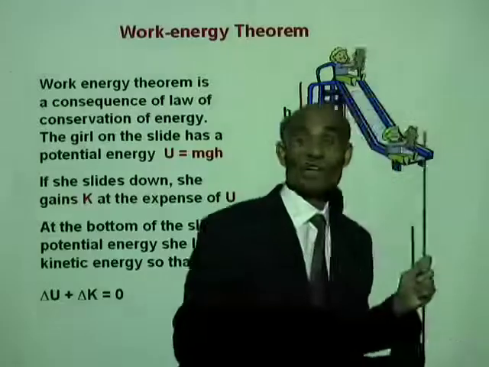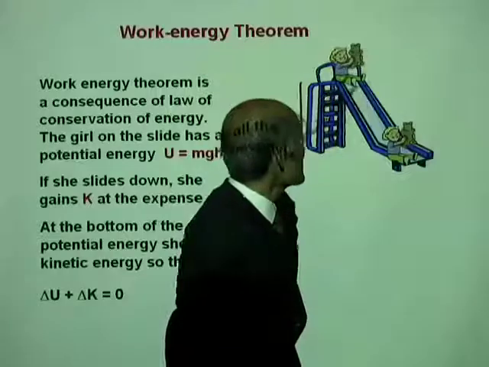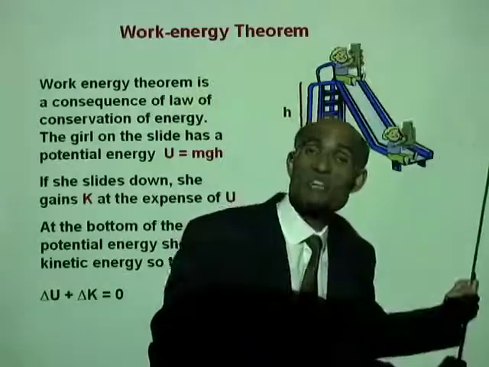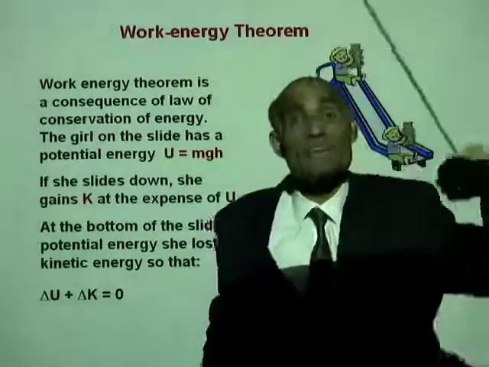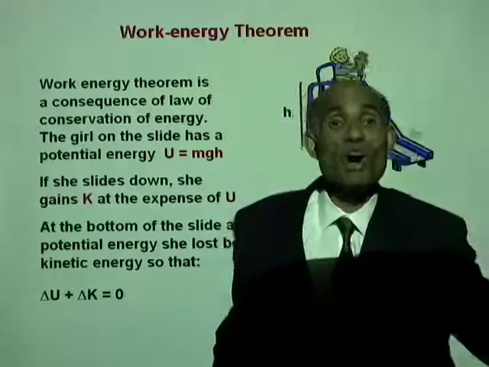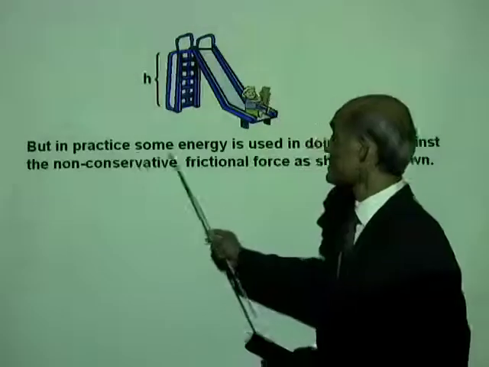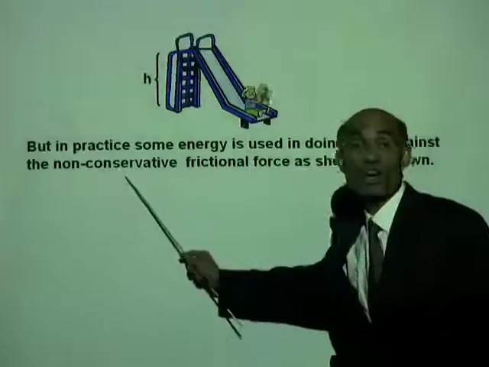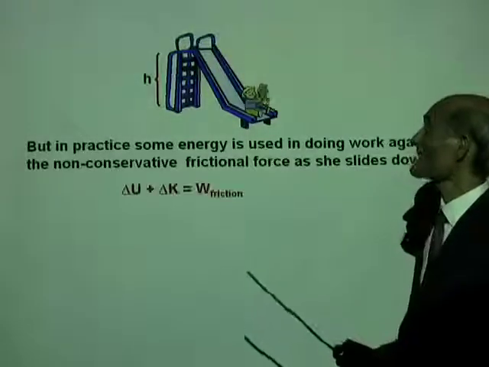And therefore, it is more convenient to say in this case that there is a net change in energy, and that net change in energy is used in doing work against friction, against the non-conservative force. Well, let's talk about that. In practice, some energy is used in doing work against the non-conservative frictional force as she slides down.